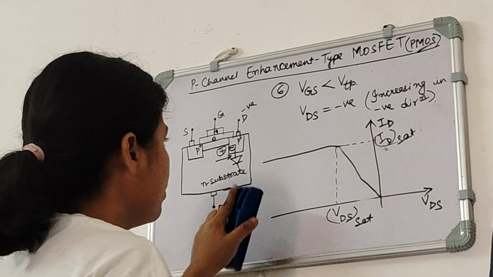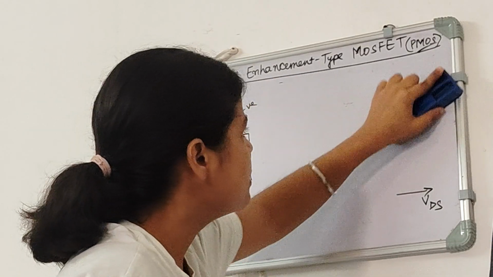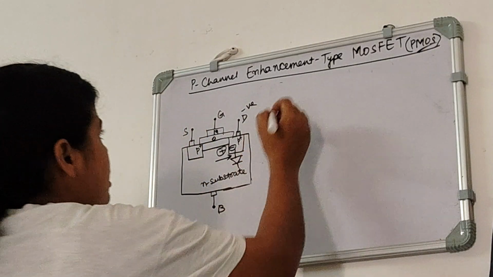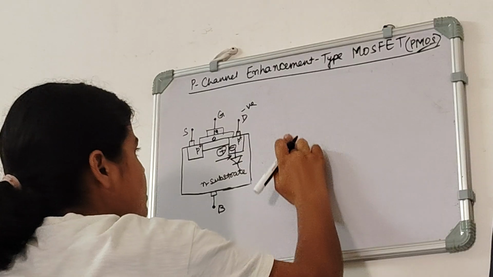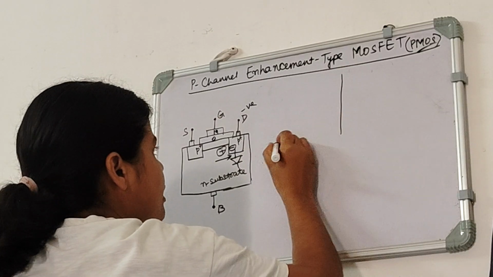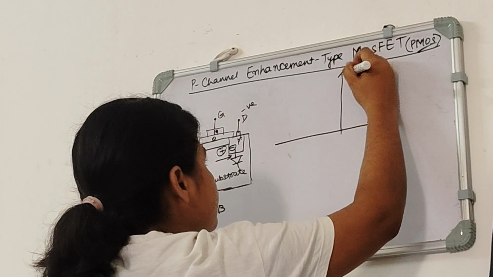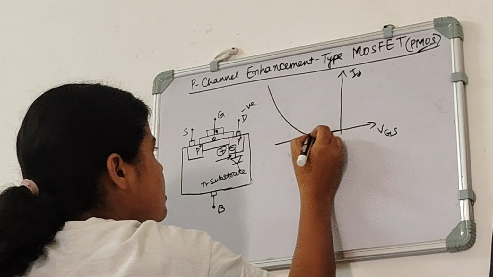Now let us see one more thing. We got the ID versus VGS curve like this.